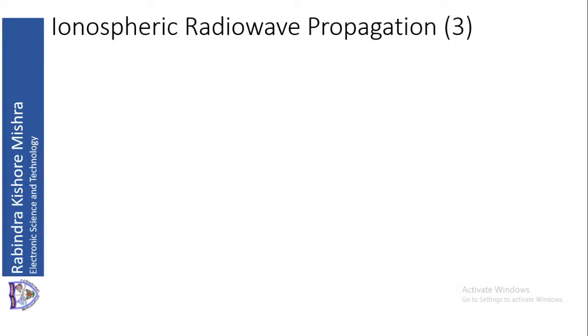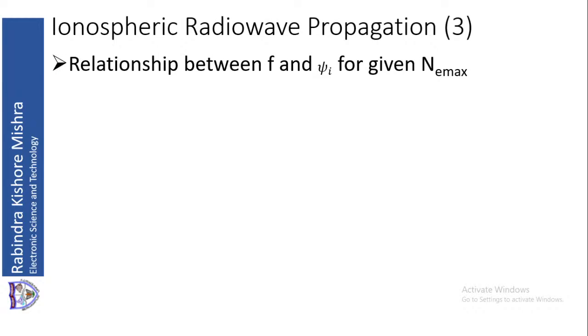Now if I have a constant psi i, the incident angle, then for a constant psi i, a higher density Ne will be required for high frequencies if the ray has to come back. So with psi i remaining constant, as frequency increases, a higher Ne is needed for bending.